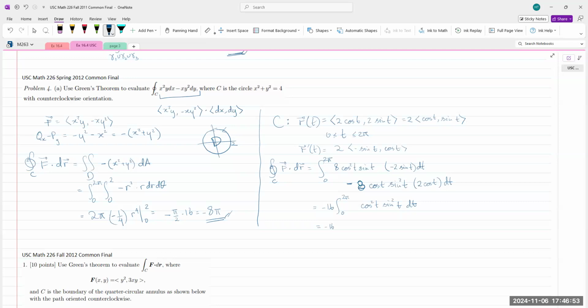That is the integral from 0 to 2 pi of, using the power reduction formula for both, (1 plus cosine 2t) over 2 times (1 minus cosine 2t) over 2, dt. That becomes negative 4 outside, integral from 0 to 2 pi of 1 minus cosine squared 2t dt. Is that right?